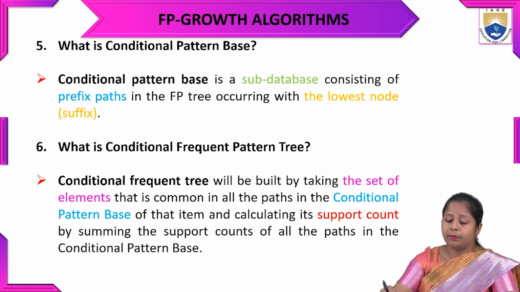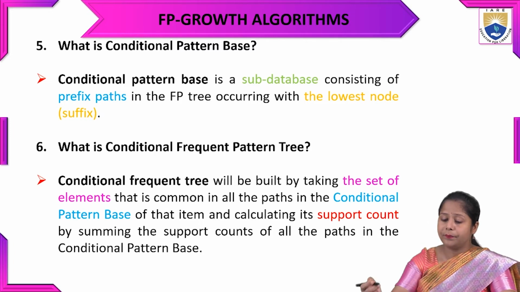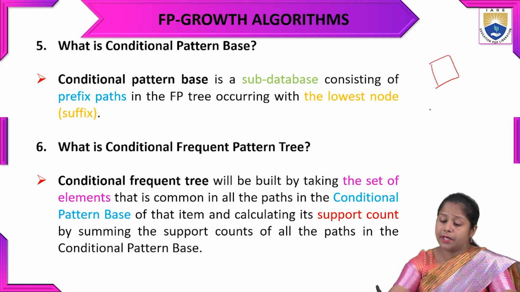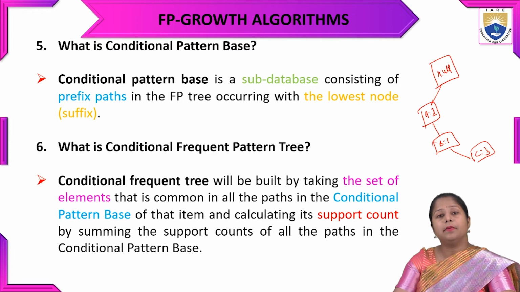It is built by taking the set of elements that is common to all paths. Suppose one tree is there with a null root, then A1, and A2 related to that, then B is there 1, C is there 3. So some tree like this is there.